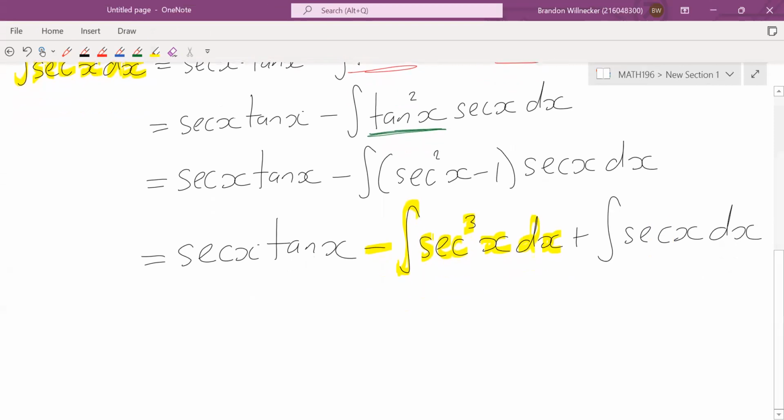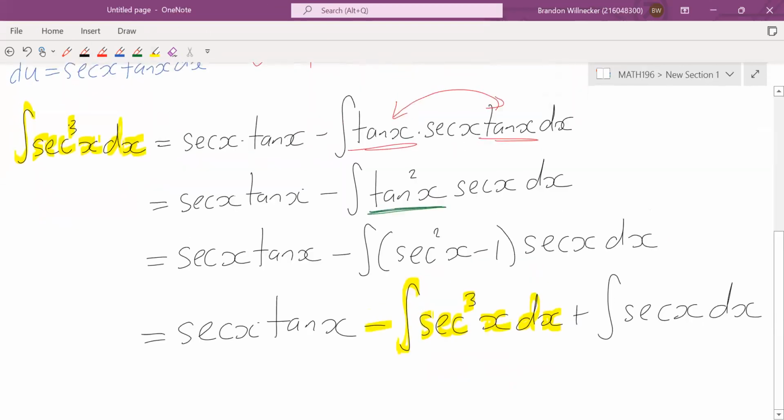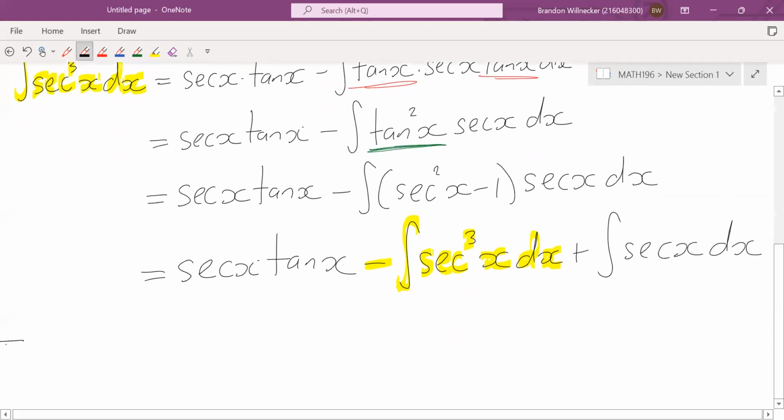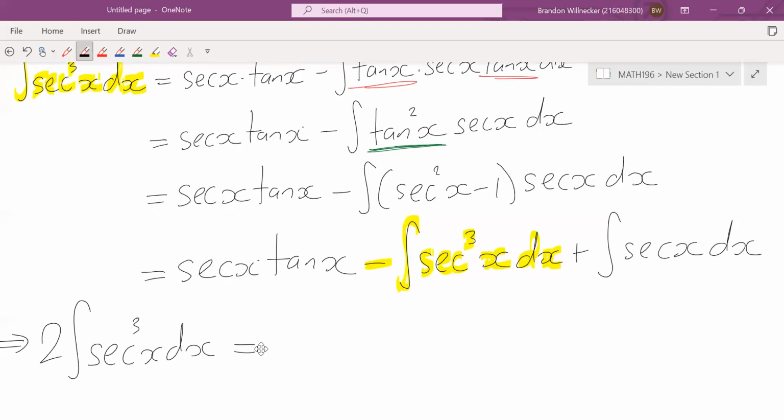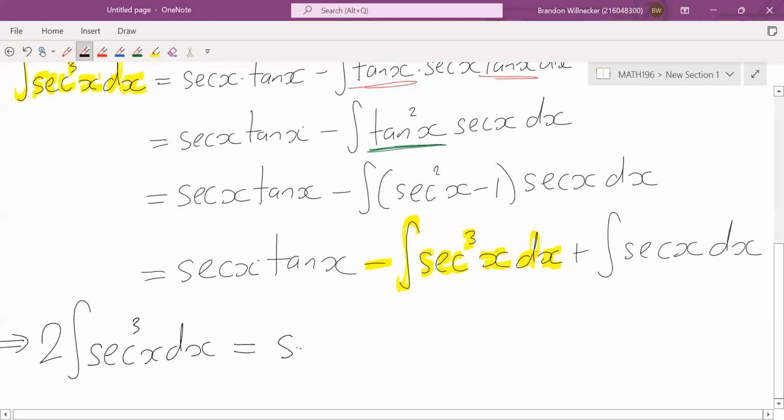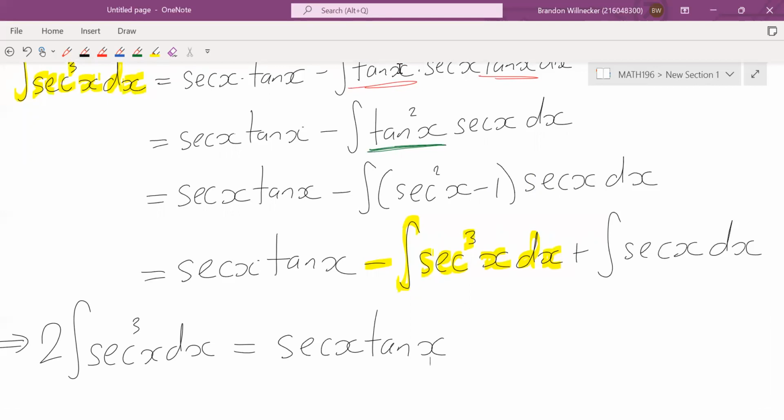So that's what we're going to do here as well. If we take this minus integral sec cubed x dx to the other side, we end up with 2 times the integral of sec cubed x dx, very similar to the e to the x sine x. This is equal to sec x tan x, and then the integral of sec. Does anyone remember what that is?